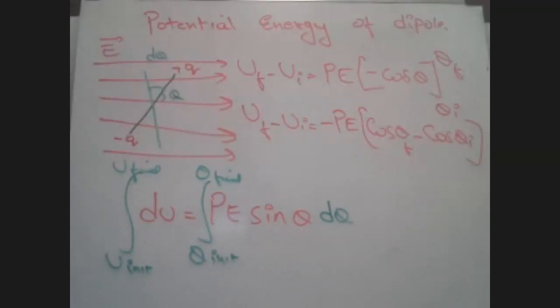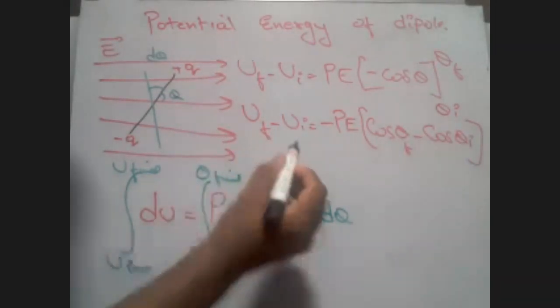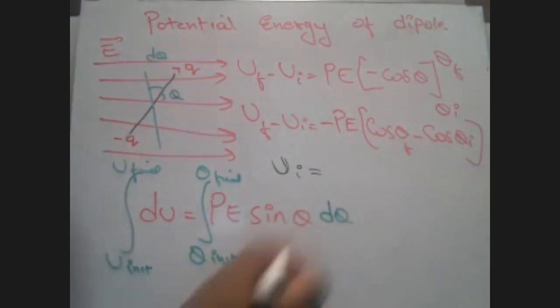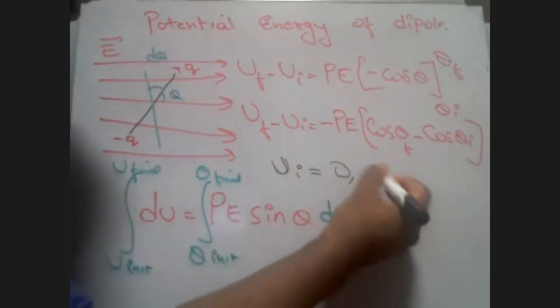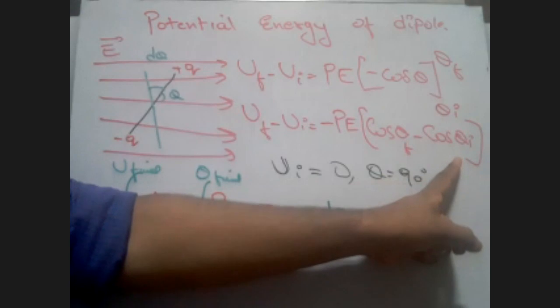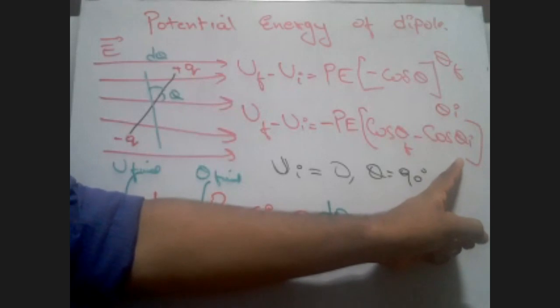Now, to bring it to a general expression, can I take a reference point? Listen carefully: let the potential energy at the initial point, at infinity, be zero at theta equal to 90 degrees. Why? Because cos 90 degrees is 0.